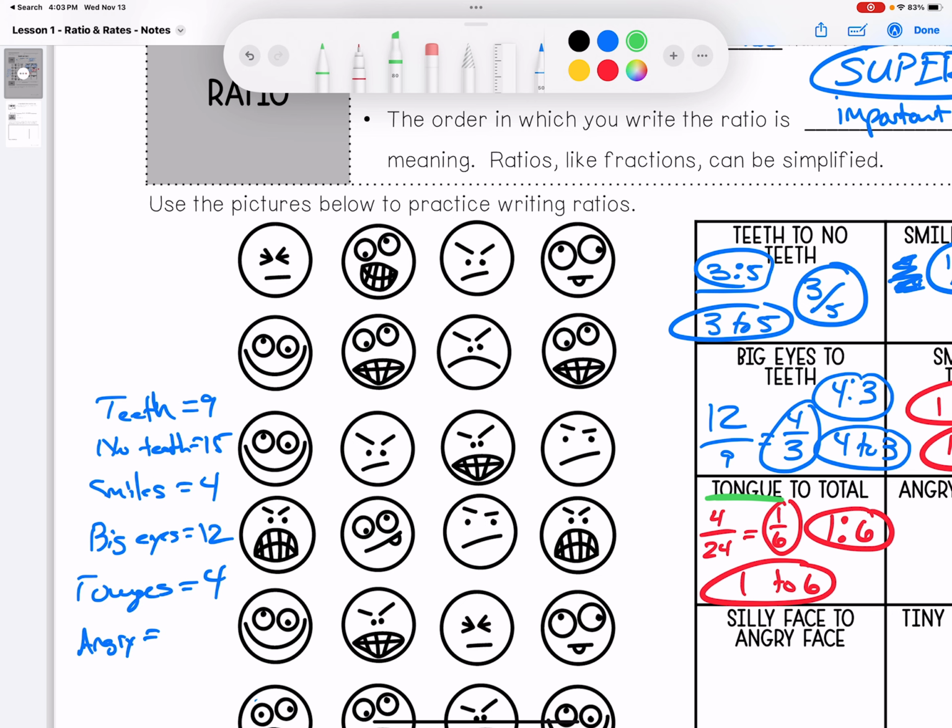Oh, boy. He looks mad. He looks angry like he's yelling.